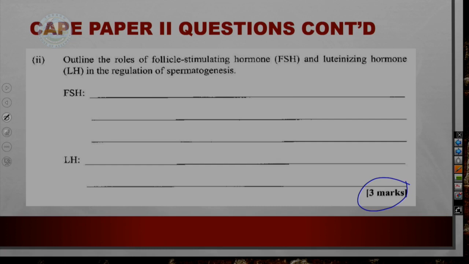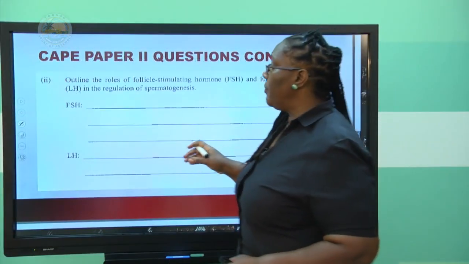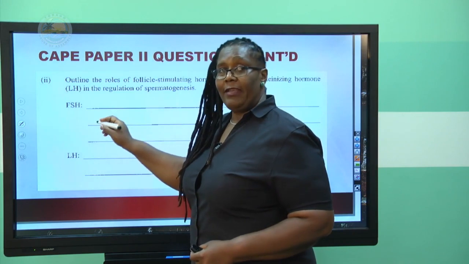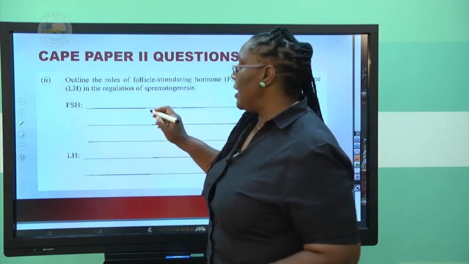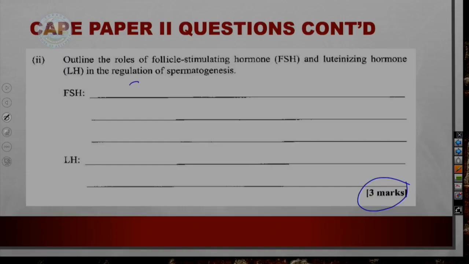FSH, follicle-stimulating hormone, remember it is produced by the anterior lobe of the pituitary gland. What does this have its impact on? FSH has its impact on the Sertoli cells, which are the cells which play a fundamental role in spermatogenesis. FSH ensures that the Sertoli cells can accept testosterone.